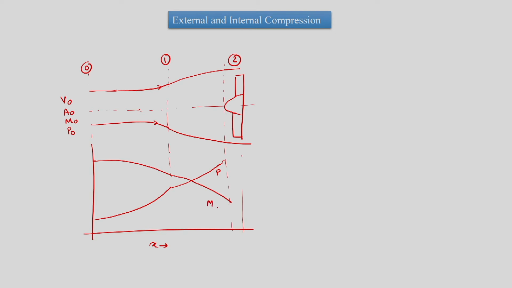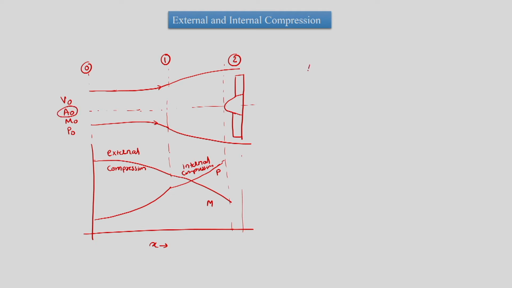So, this is Mach number. So, this is how we will have external compression and internal compression for the intake, and this is what the captured stream tube area.